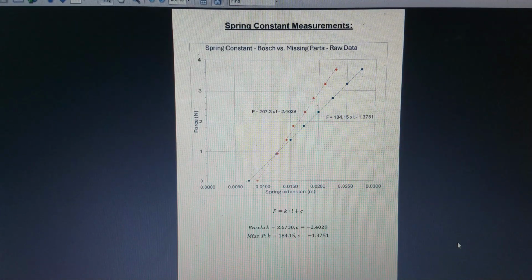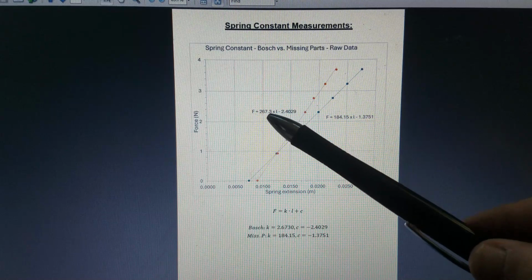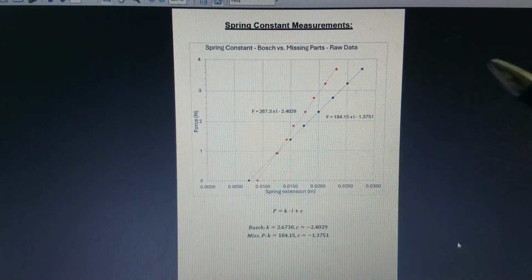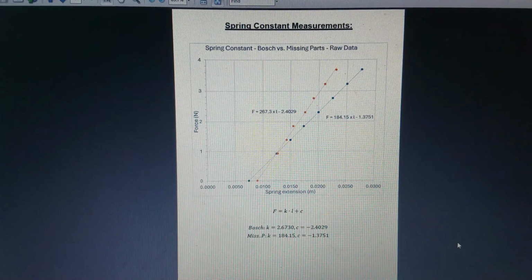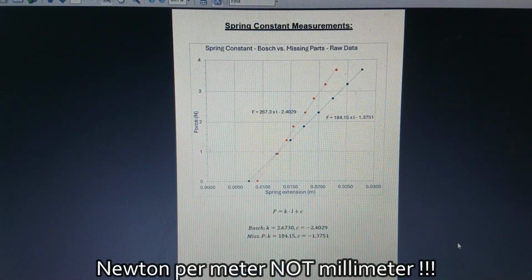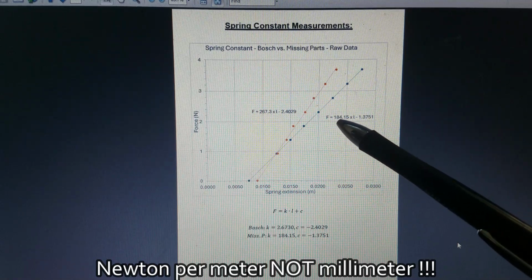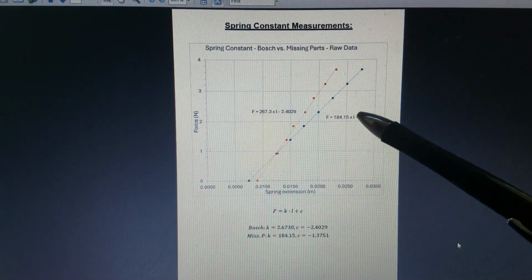So the spring constant of the Bosch spring seems to be 267.3 Newton per millimeter, and this would be 184.15 Newton per millimeter.